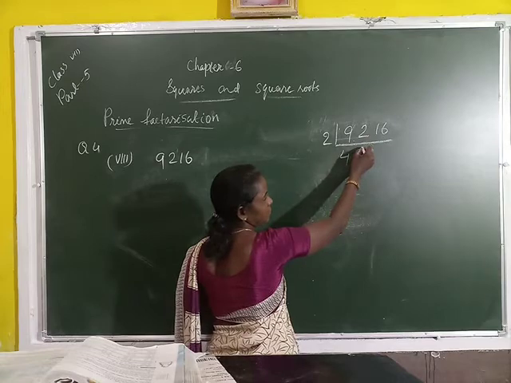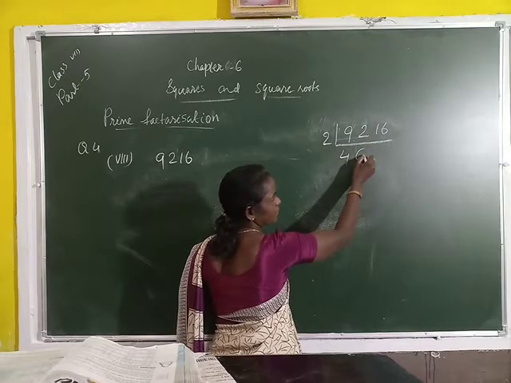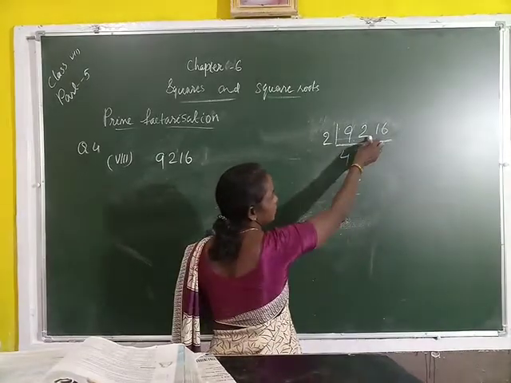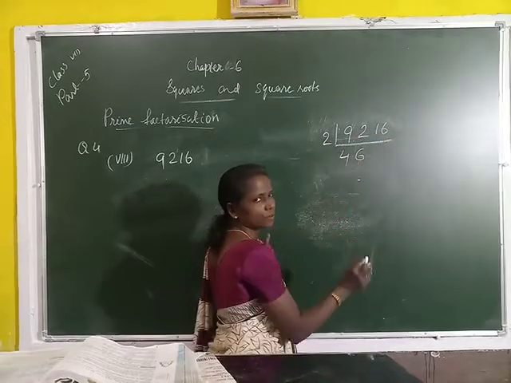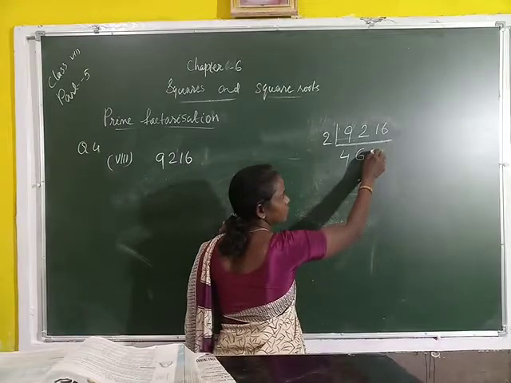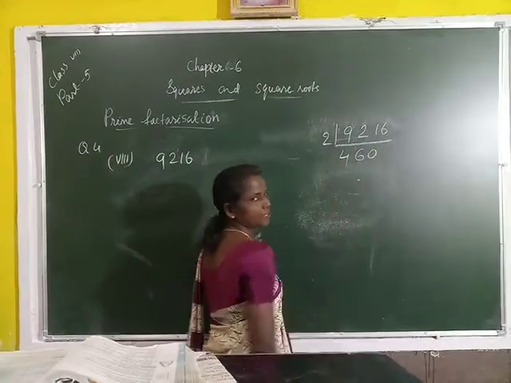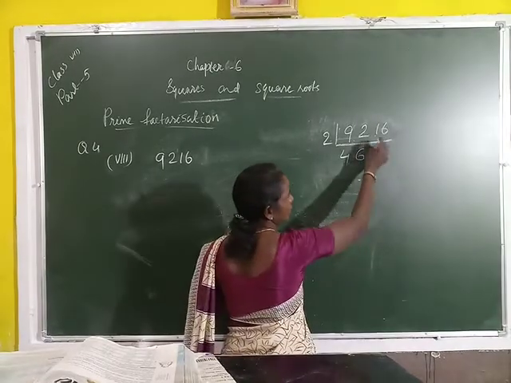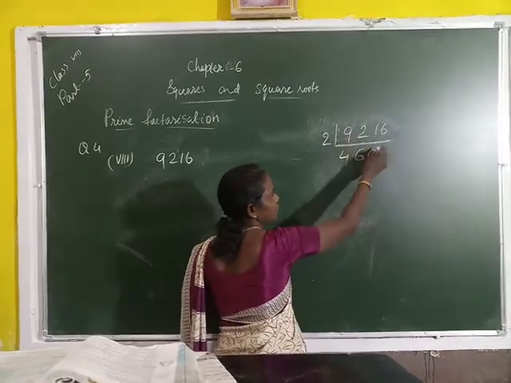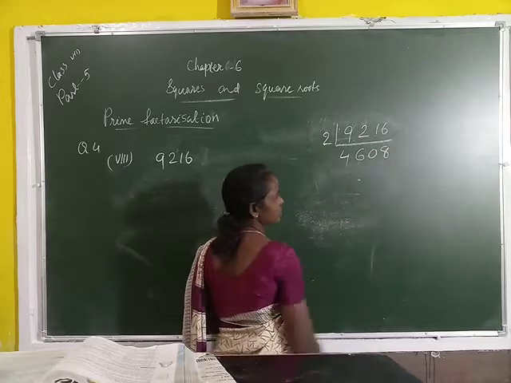How many times does 2 go into 12? 6 times. 6 twos are 12. The next number 1. How many times does 2 go into 1? No. So we write 0. Then take 1 and 6, 16. How many times? 8. 8 twos are 16.